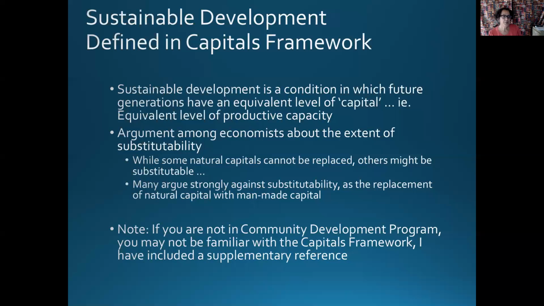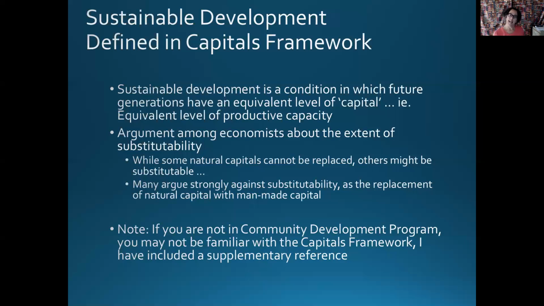Well, some natural capitals can't be replaced. Others might be substitutable. On the other hand, the Daly definition that I started out with, and many other people, argue strongly against assuming that there's going to be substitutability, the replacement of various kinds of natural capital with either some other natural capital or man-made capital.